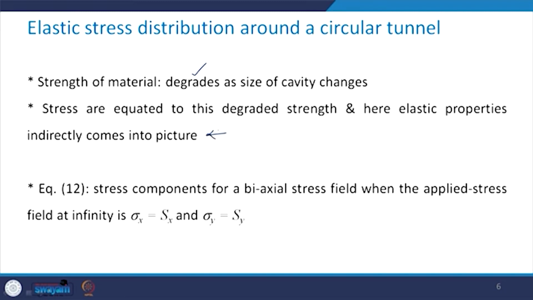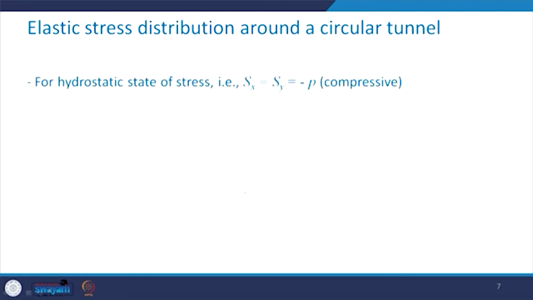Equation number 12, which we derived just now, gives the stress components for a biaxial stress field when the applied stress field at infinity is sigma x equal to Sx and sigma y equal to Sy. Now, we take some special cases and see how the form of equation 12 becomes for these.